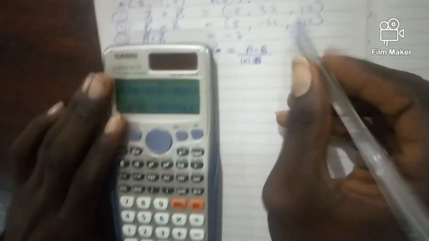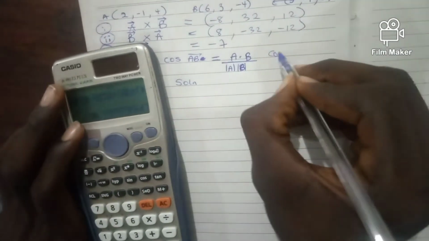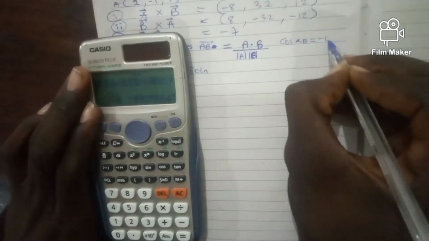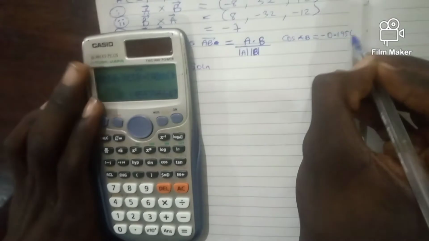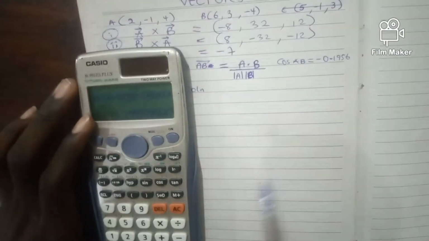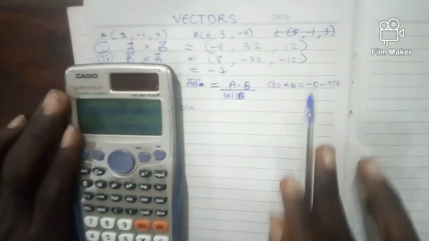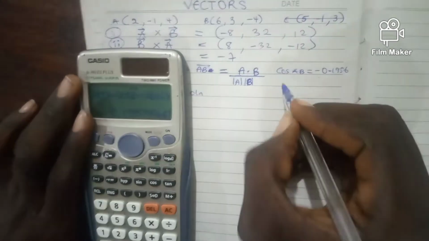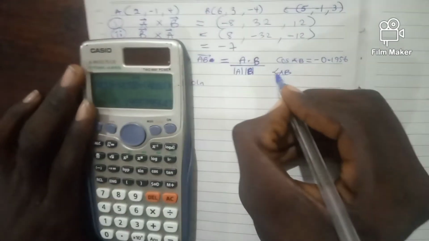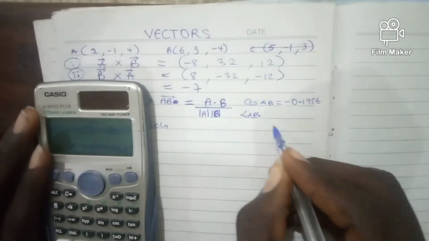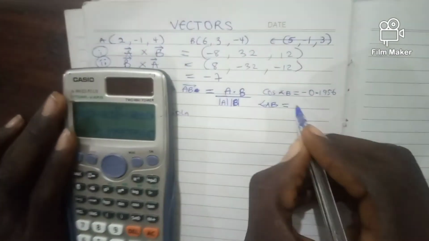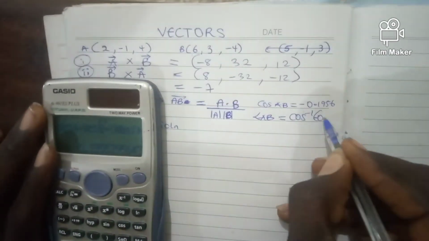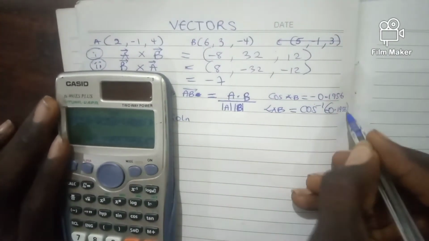Our answer here is the cos of that angle. Cos of that angle is equal to minus 0.1956 to 4 decimal places. Now, if we are to find the angle, that means we would divide both sides by cos. Dividing both sides by cos gives us that the angle is equal to the cos inverse of our answer, which is minus 0.1956.